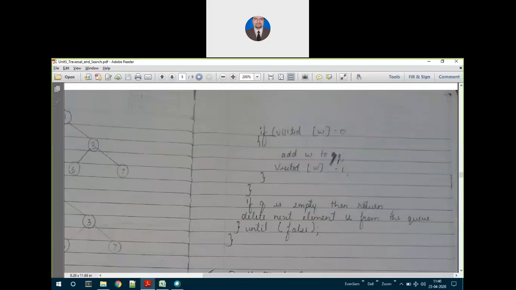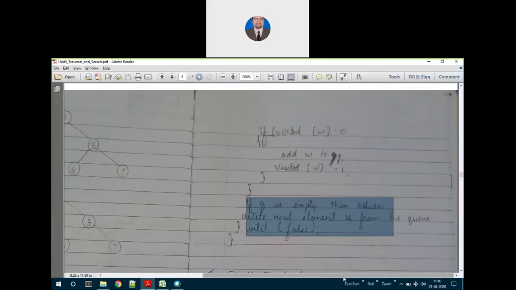Nothing is left. So I repeat these steps for the next visited vertices from the Q until Q is empty.